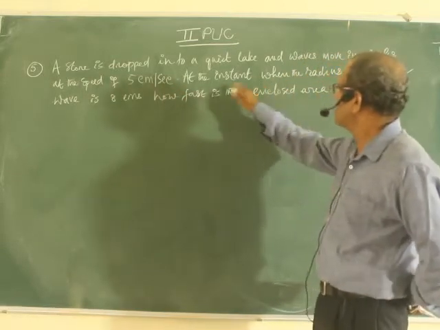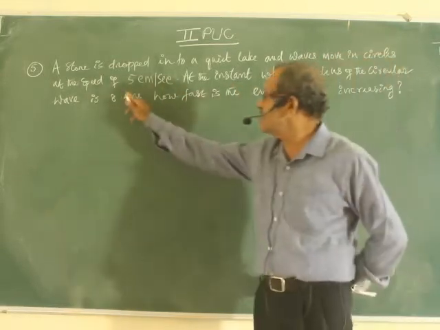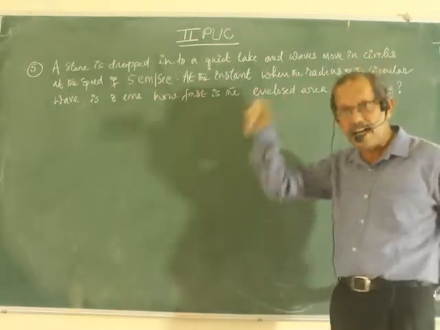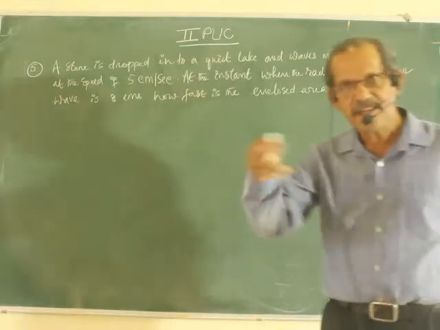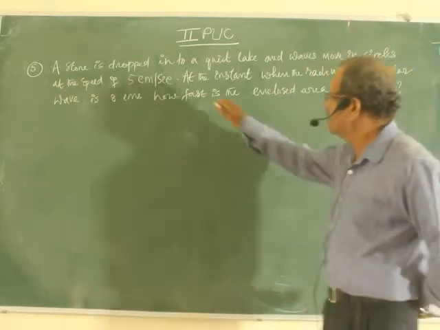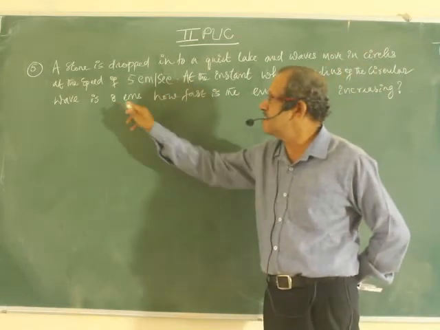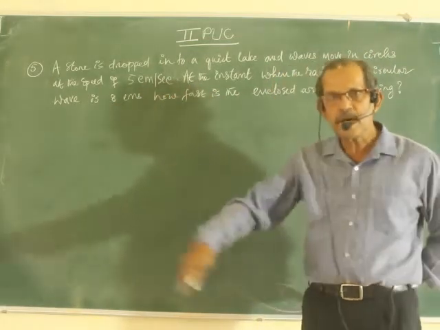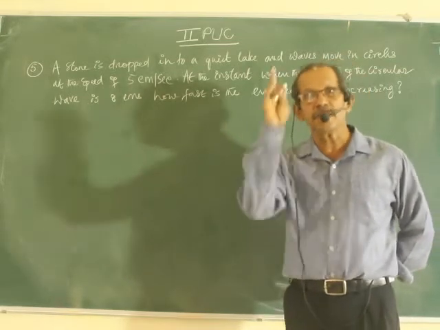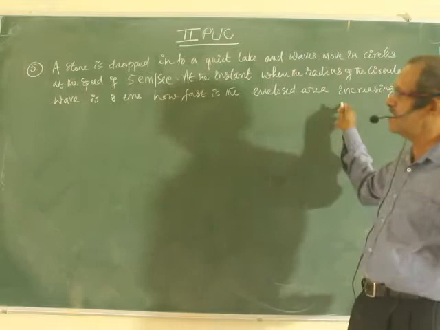At the instant when the radius has reached 8 centimeter, what will be the rate of change of area of that circle? What is the rate of change of area?